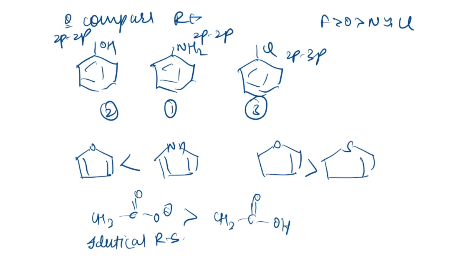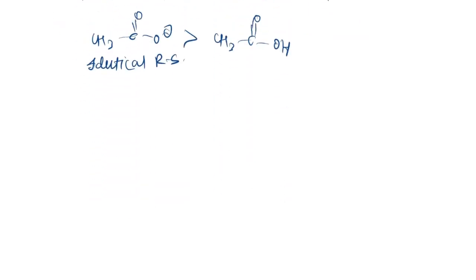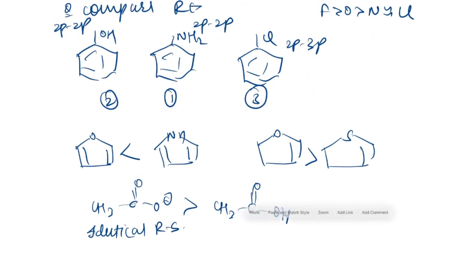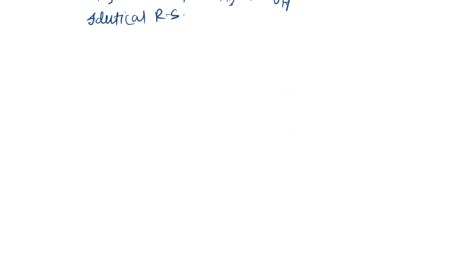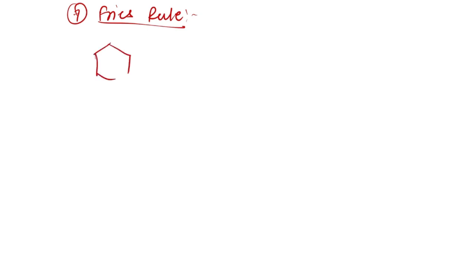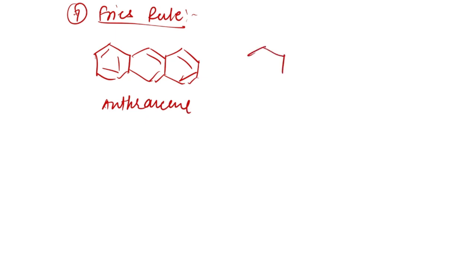Seventh one is Fry's rule. That is quite important. Sometimes the question arises, what is Fry's rule? So according to Fry's rule, we have anthracene and we have phenanthrene.